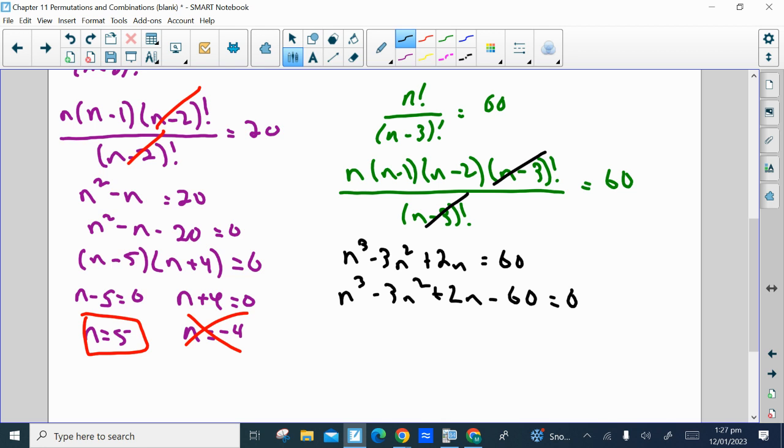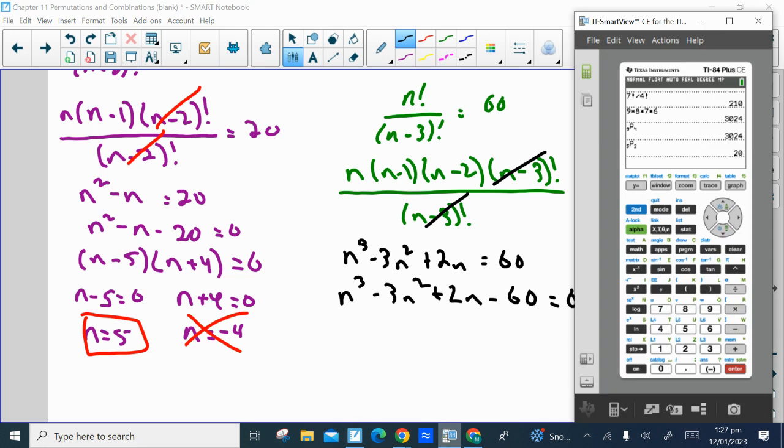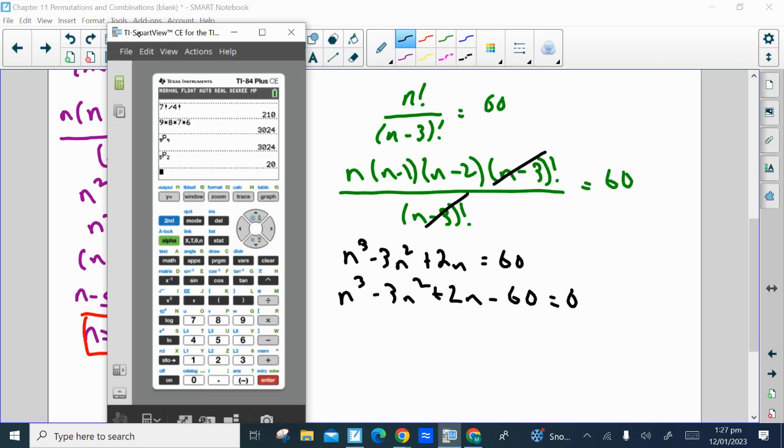And in a case like this, we now need to factor this, right? And so remember, we can use our graphing calculator to help us find out what the first factor is by finding an x-intercept of the graph of that equation. So we use our graphing calculator to find that.